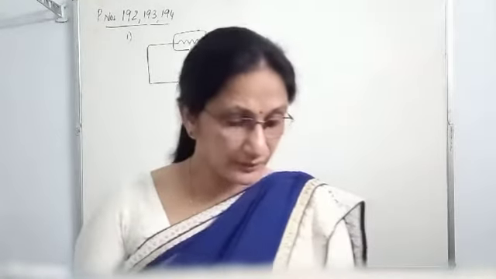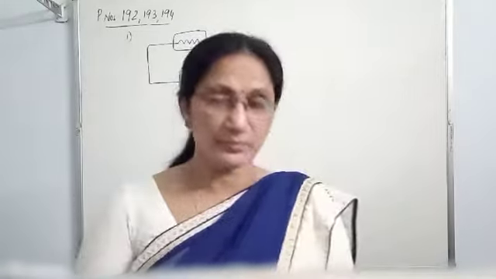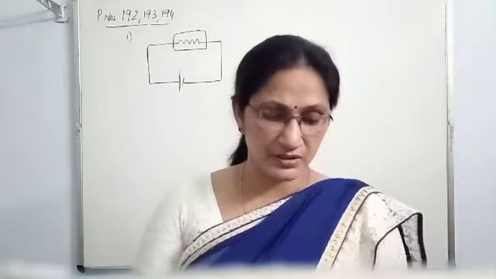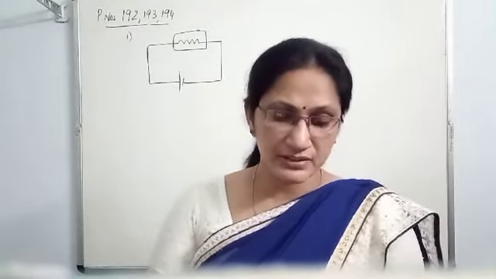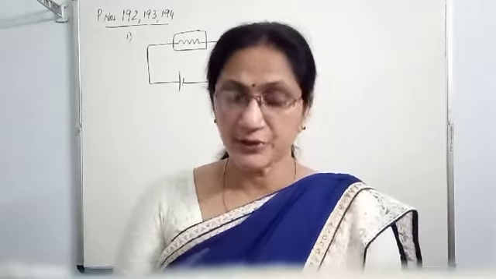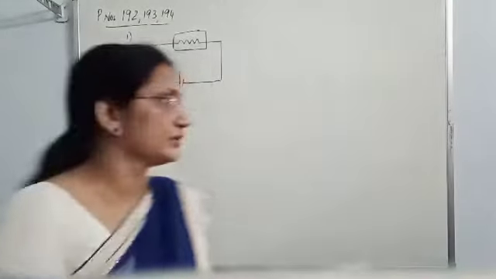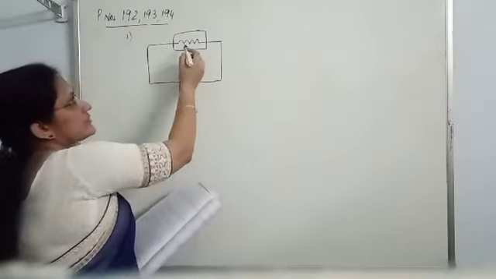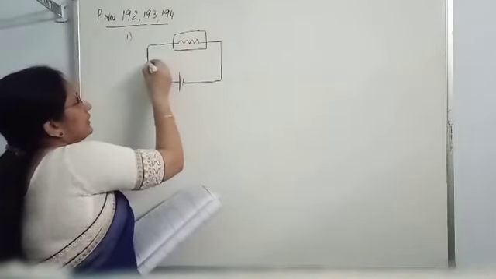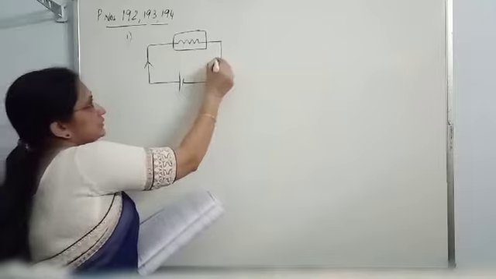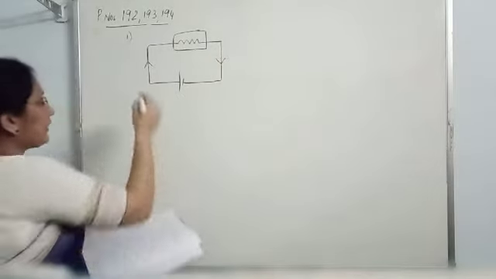Next numerical, solved example, page number 192. First question: Calculate the energy released by a room heater which draws a current of 5 ampere at 220 volt for 2 minutes. Look at the circuit. This is the heater and the current flowing in the circuit is 5 ampere.